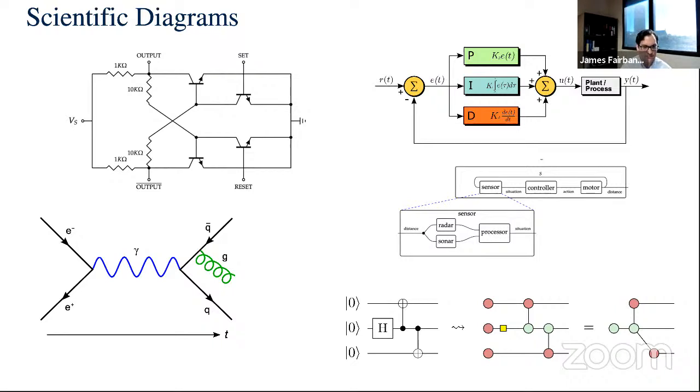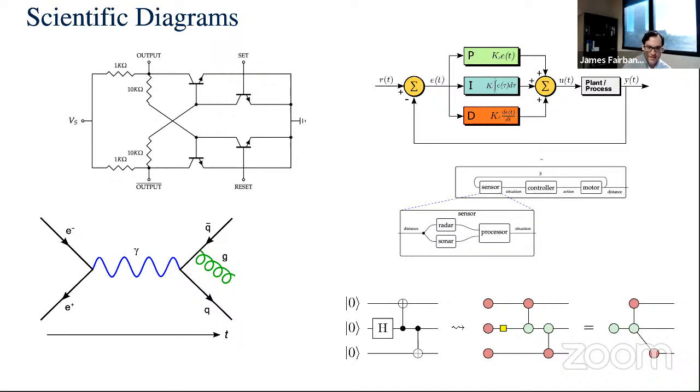So here are some examples from circuits and Feynman diagrams or signal processing block diagrams. Control theorists build these models of their systems of systems. And then in quantum computing, they've adapted circuit notation and ZX calculus, which really gets you into the entry point to applied category theory.